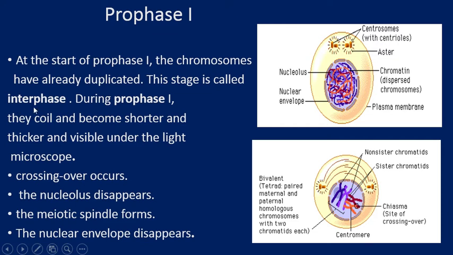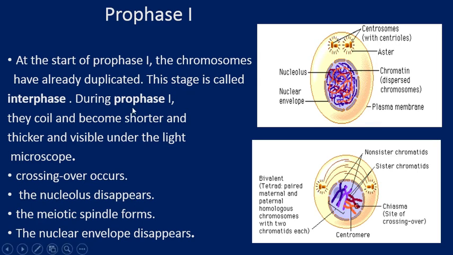So first of all they duplicate, and then during prophase they coil and become shorter and thicker and visible under the light microscope.